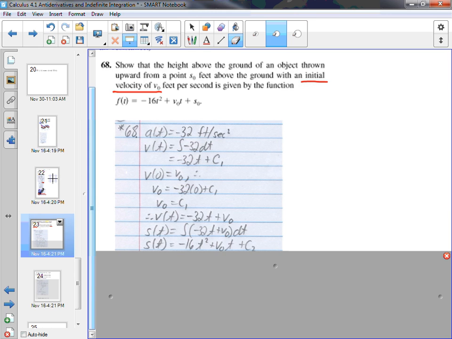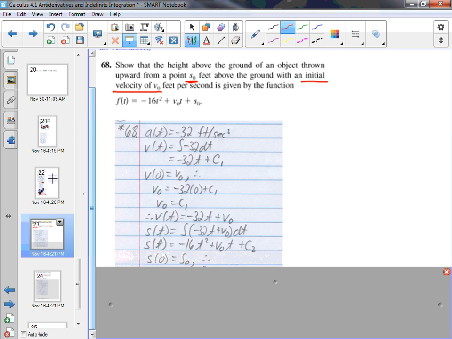So that's the general solution for our position function. What's our initial position? What do they call it? s0. So when t equals 0, the position is s0.